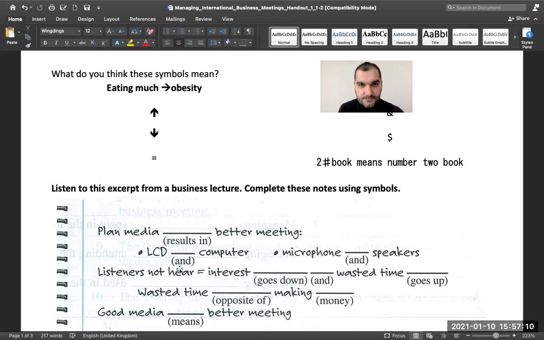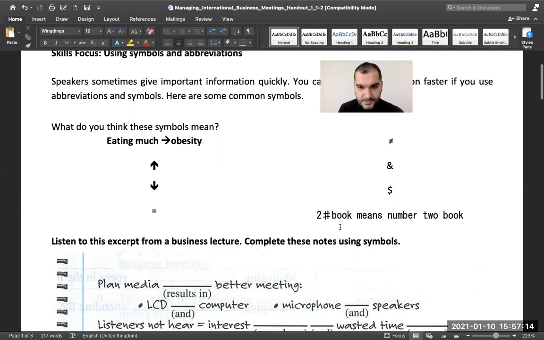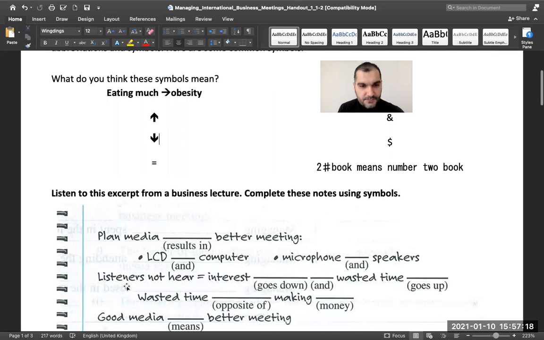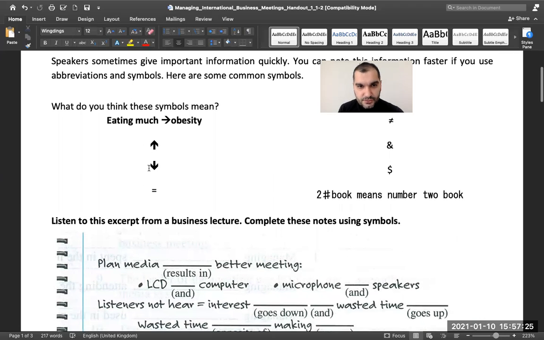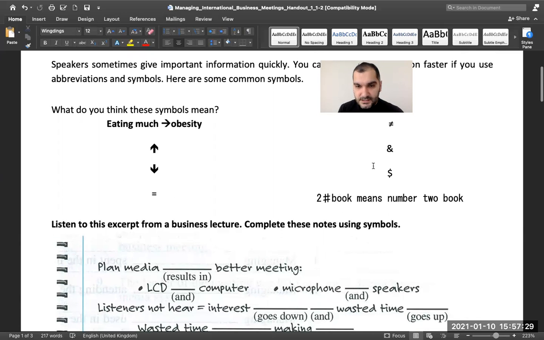And for microphone and speakers, you can use this symbol. You see, if listeners don't hear or can hear, and interest goes down, so it should be this arrow instead of goes down. For ants, again this symbol.